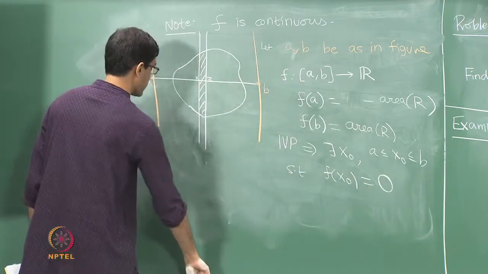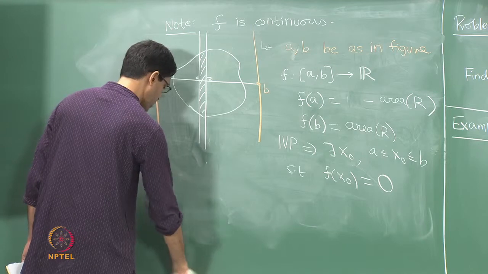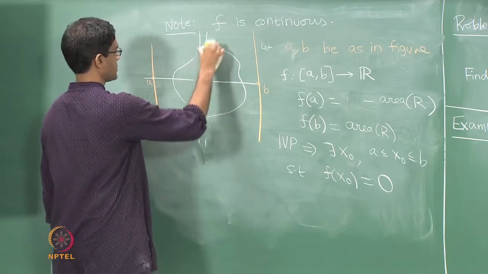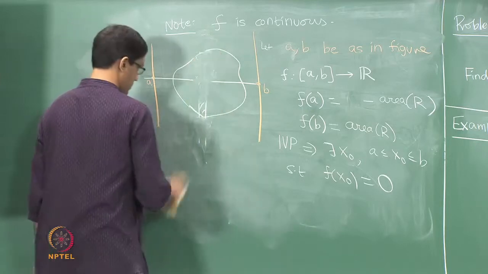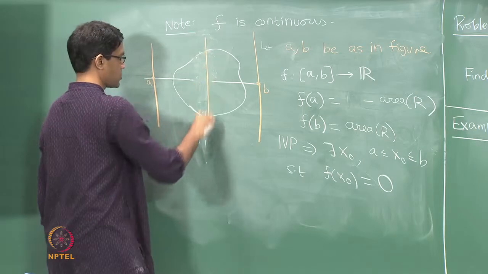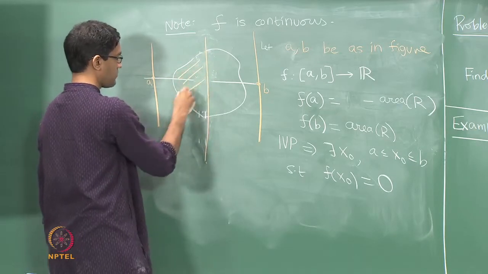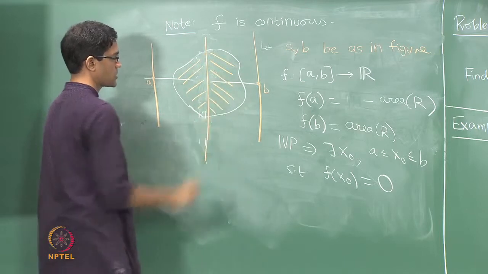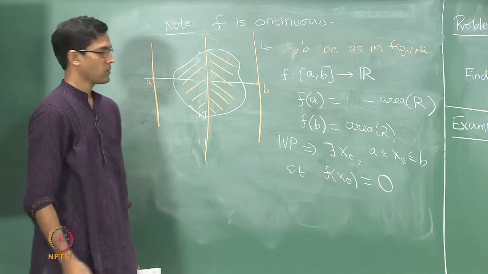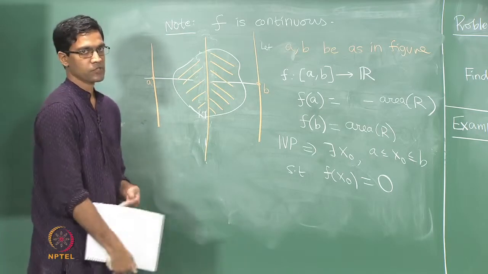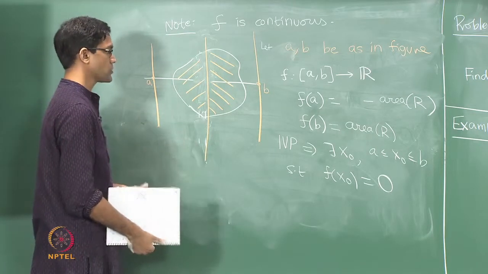Let us draw the line through x naught. f of x naught being 0 means that the area to the left of x naught is equal to the area to the right of x naught. That is exactly how the function was defined. So this is exactly the bisector we are looking for, something which gives you two pieces of equal area.